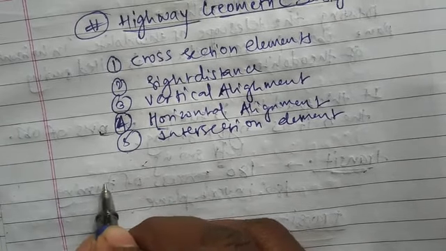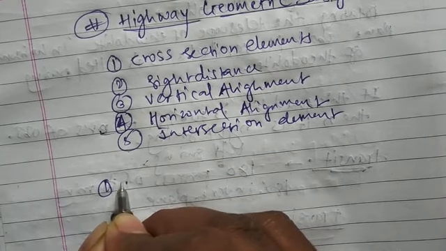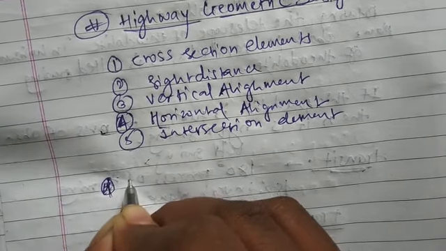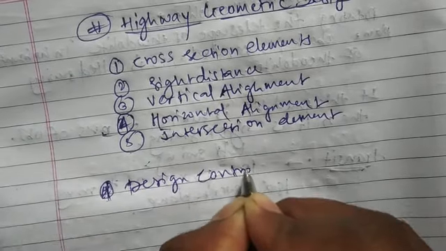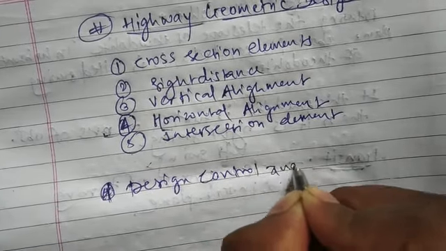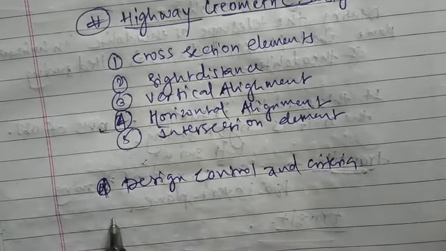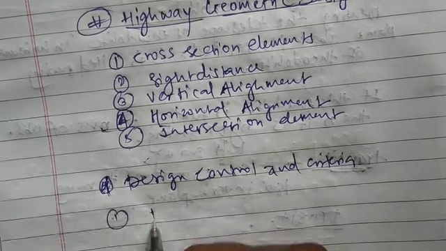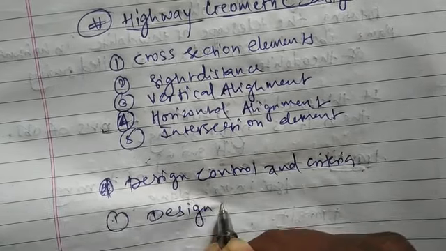So the factors or elements which are controlling the design of highway. First of all, I will write the heading: design control and criteria. Okay, so the first component or element which controls the geometric design of highway is design speed.